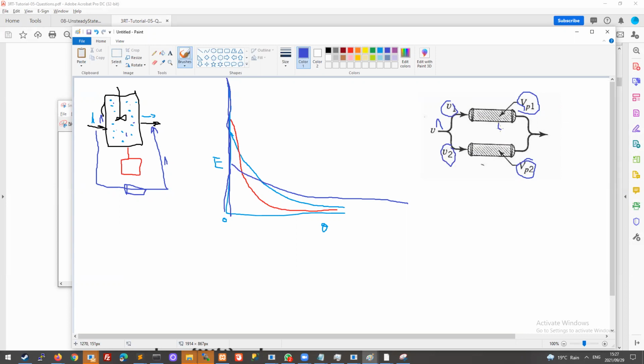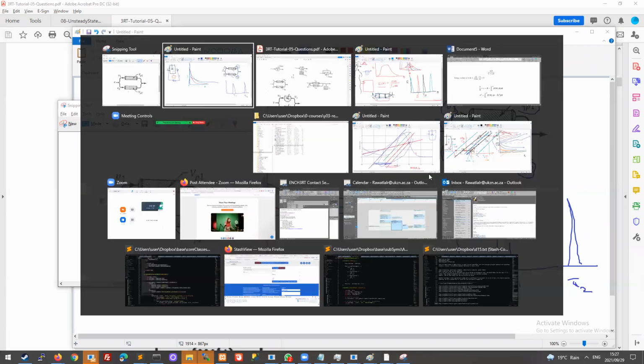So we can just call this tau 1 and tau 2. So we are going to get 2 spikes coming through. You'll get one spike at tau 1 and another one at tau 2. Okay, so that's what you get in parallel.